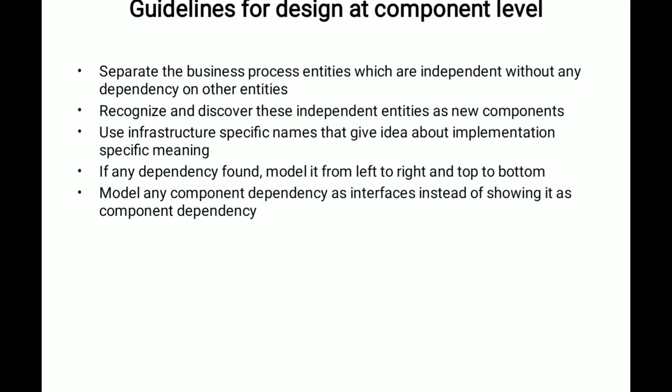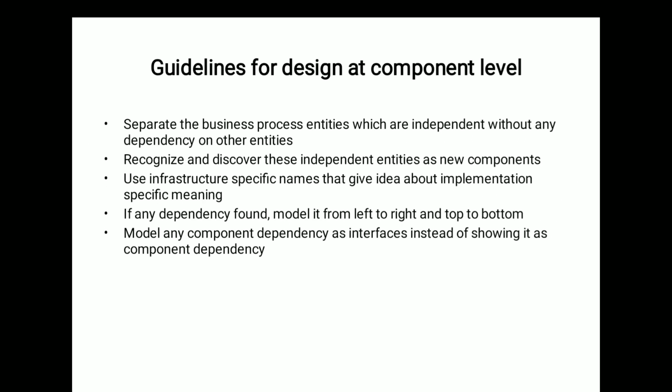Use infrastructure specific names that give an idea about implementation specific meaning. If any dependency is found, model it from left to right and top to bottom, and model any component dependency as an interface instead of showing it as a component dependency.